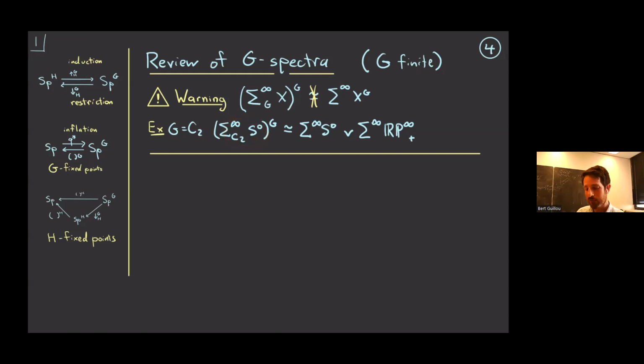It turns out if you take the categorical fixed points of that spectrum, and this is not meant to be obvious, I'm just stating that this is what turns out to be the case, you get this one piece, which is what you might have hoped for, but that's not all there is to the story. There's another piece to it. This is what's known as the Tom Dieck splitting.